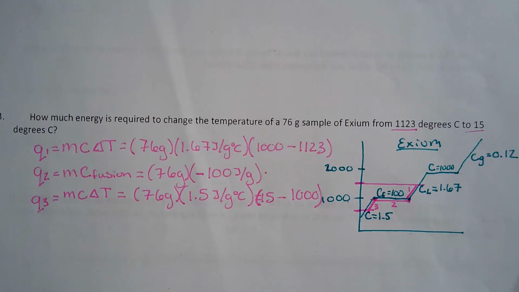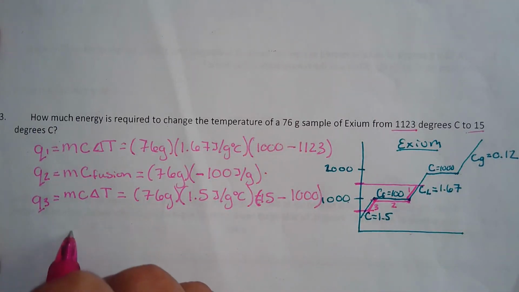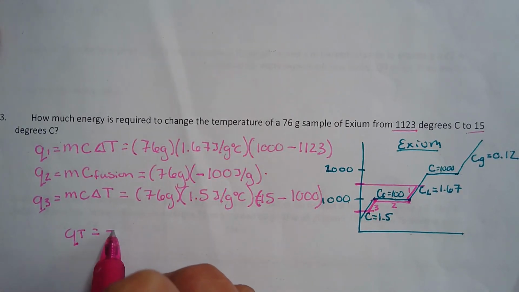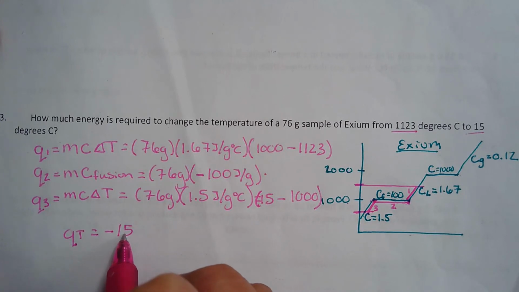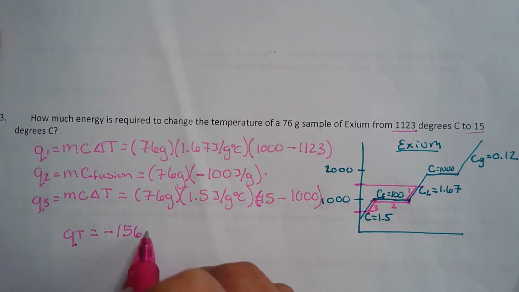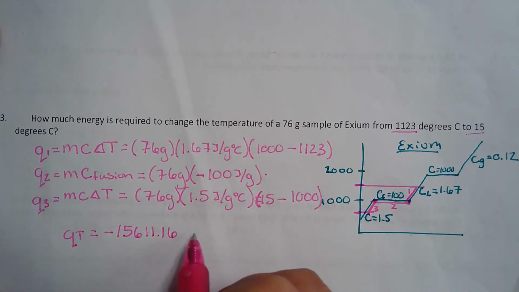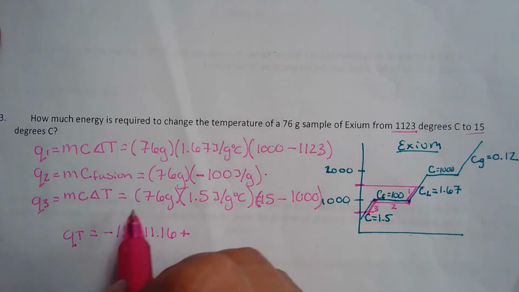Okay, when we plug that into our calculator, we use 76 times 1.67 times negative 123. So Q total is equal to negative 156,111.16 plus, so that's our Q1.